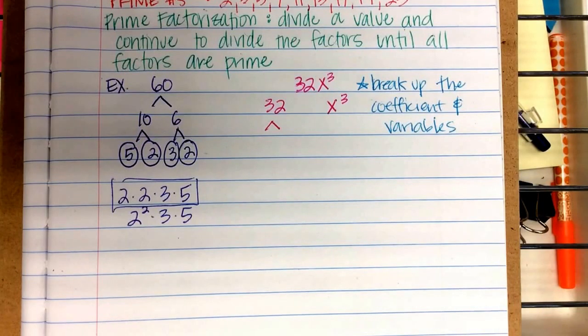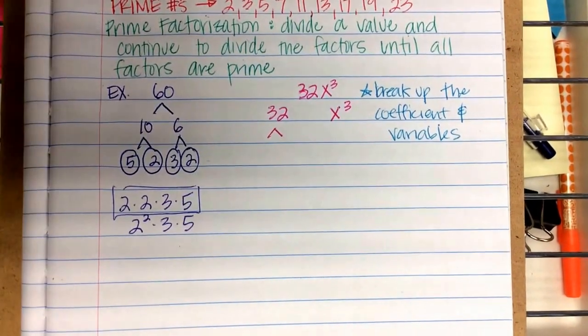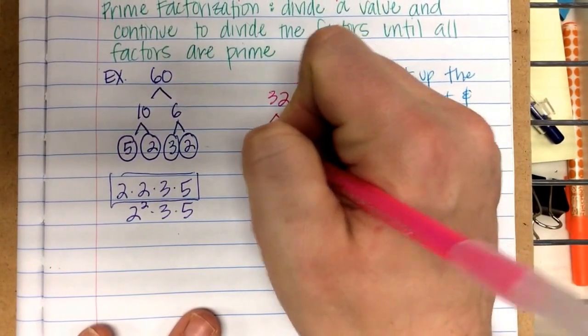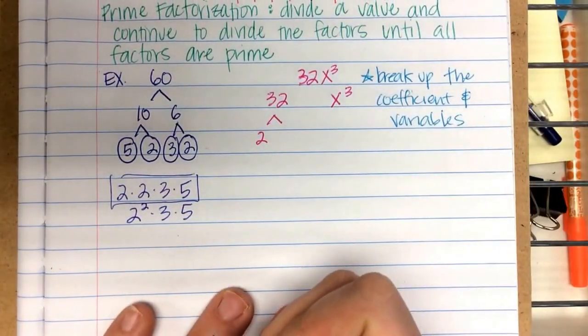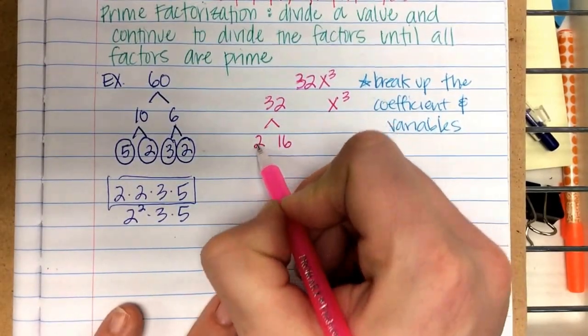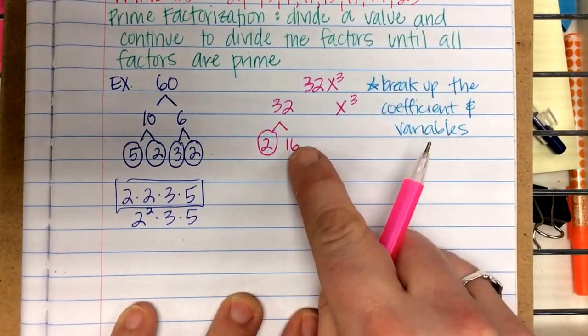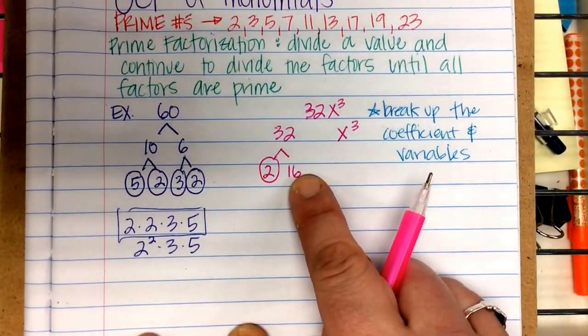Yeah. If it's even, you can always divide by 2. 32 is 2 times what? 16. Is 2 prime? Yep. Is 16 prime? Nope. No.